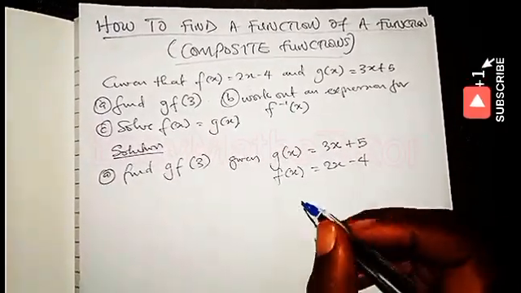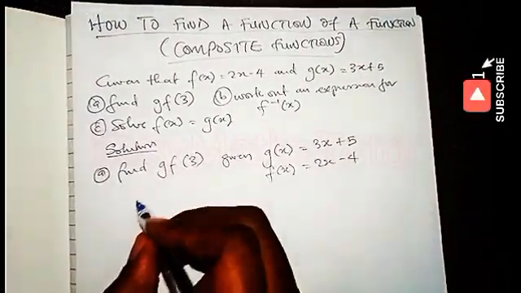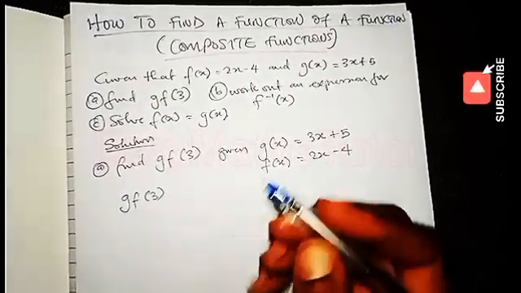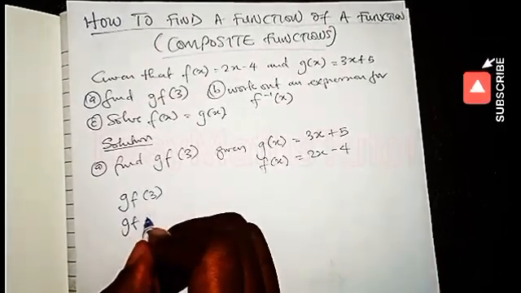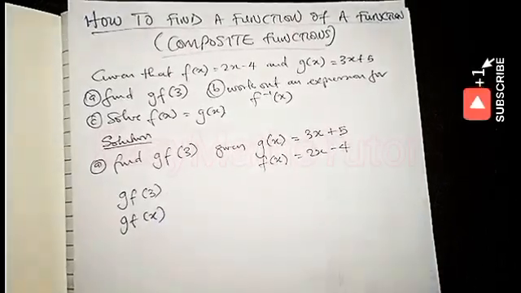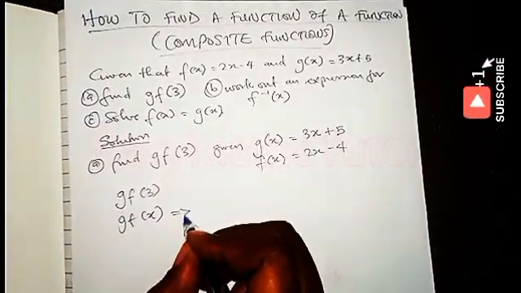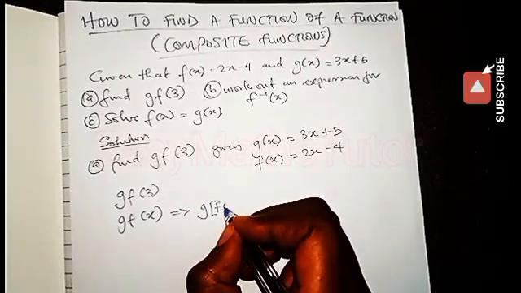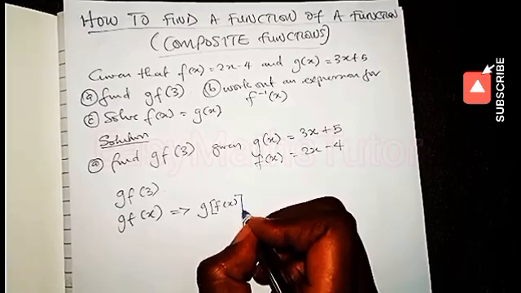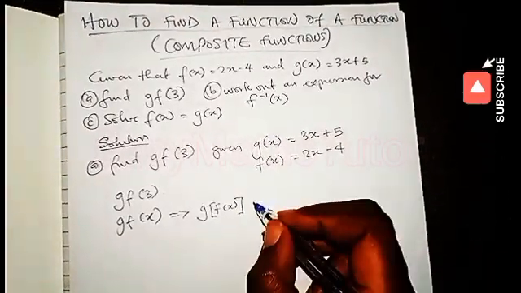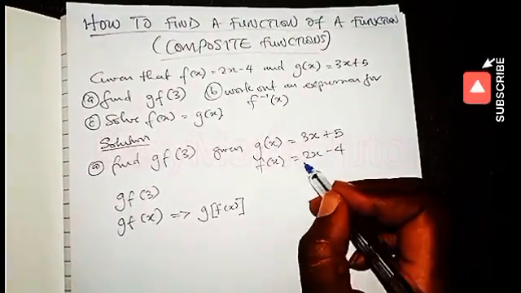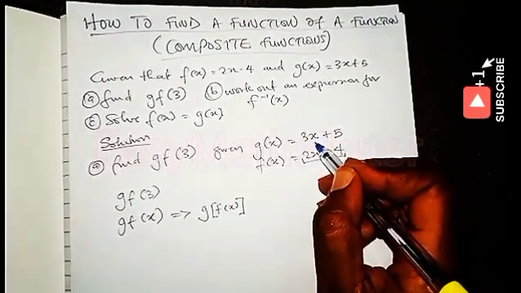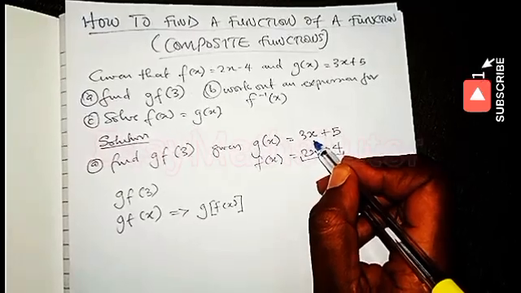Okay, so as we're given these functions, we're told to find g of f of 3. But first of all, we have to find g of f of x. That means we're going to put the function f of x into g of x.